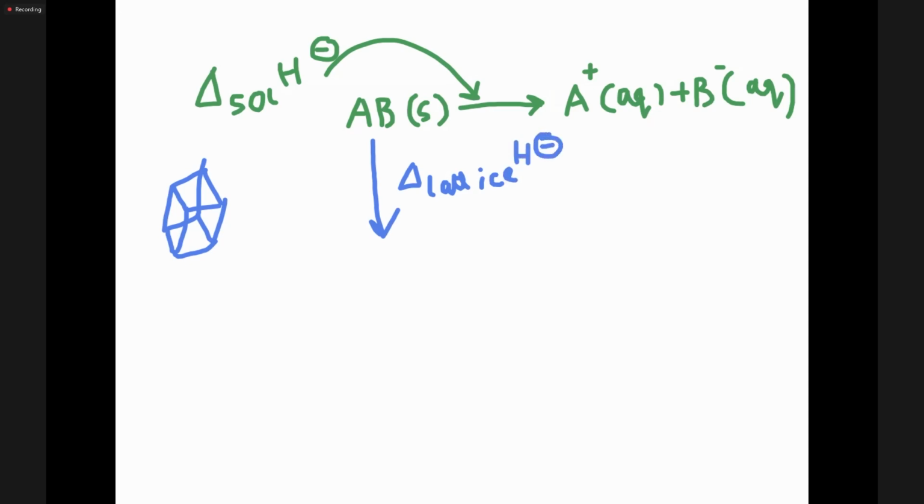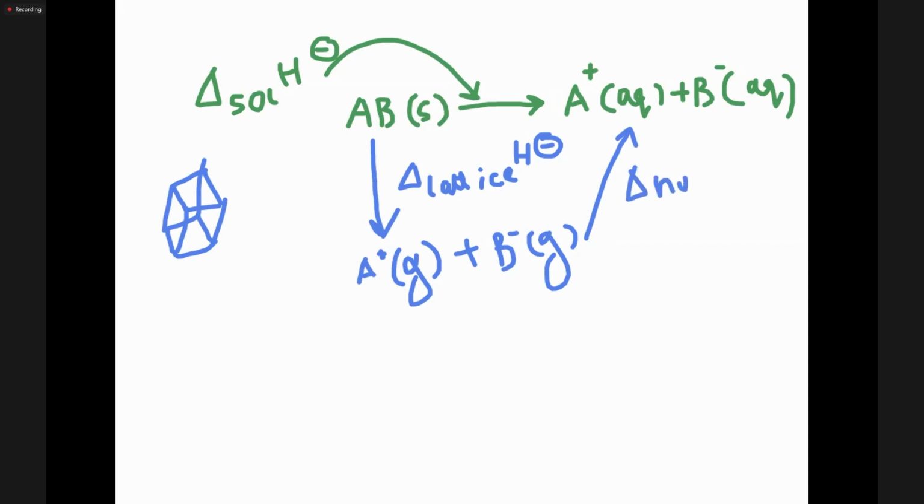The standard state is indicated by the minus sign. So from AB we are producing A plus cation in the gaseous state and B minus anion, also in the gaseous state. Now, the gaseous ions become more free in solution, and I will give them the delta hydration H, that is the hydration energy, and then they will be solvated in water molecules.